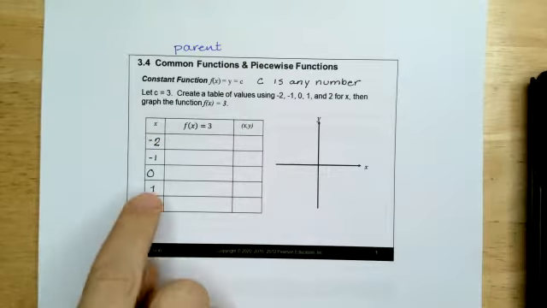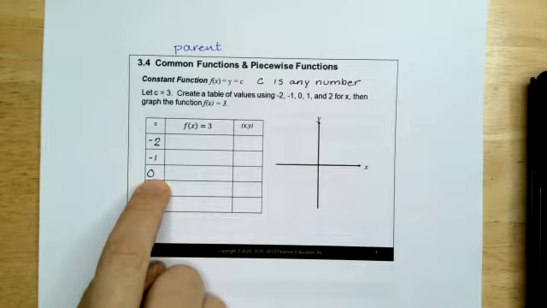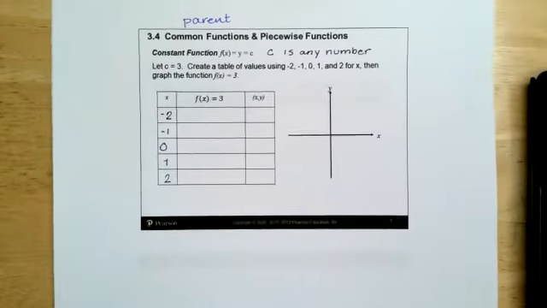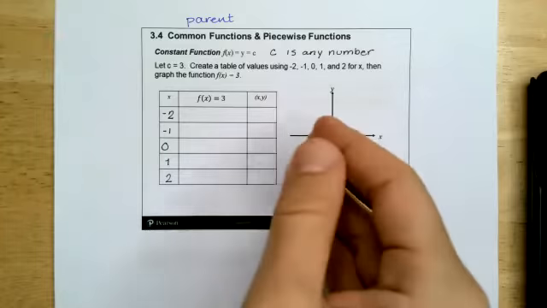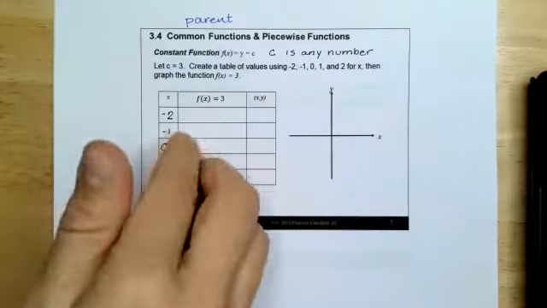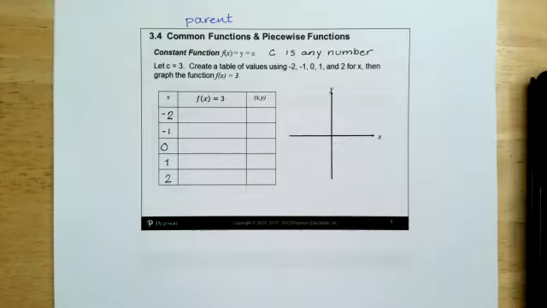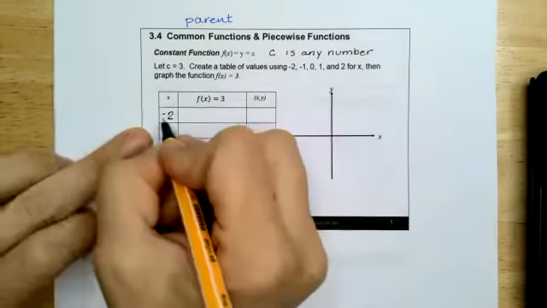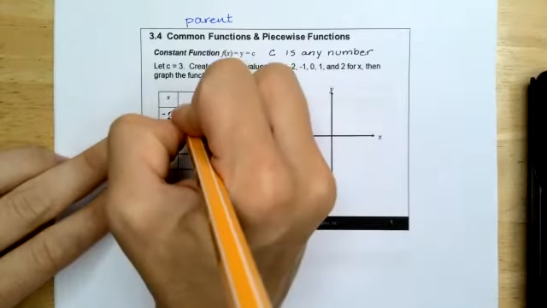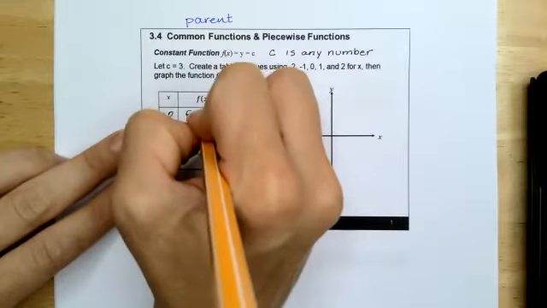Again, when you're making a table of values, we just start at 0 and the terms closest to 0 because that's generally easiest, and it gives you an idea of what happens below the x-axis and above the x-axis. So you get negatives and positives, but you try to keep the numbers small because you're kind of doing it by hand, right? So if x is -2, f of x equals 3 means we put in -2 for x.